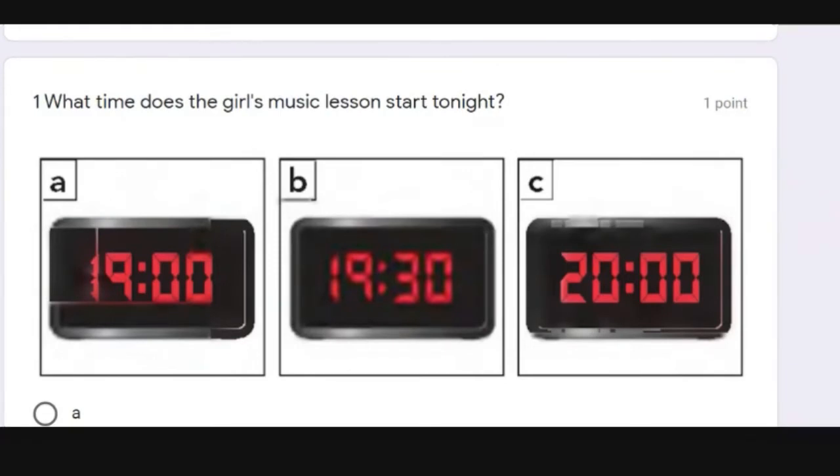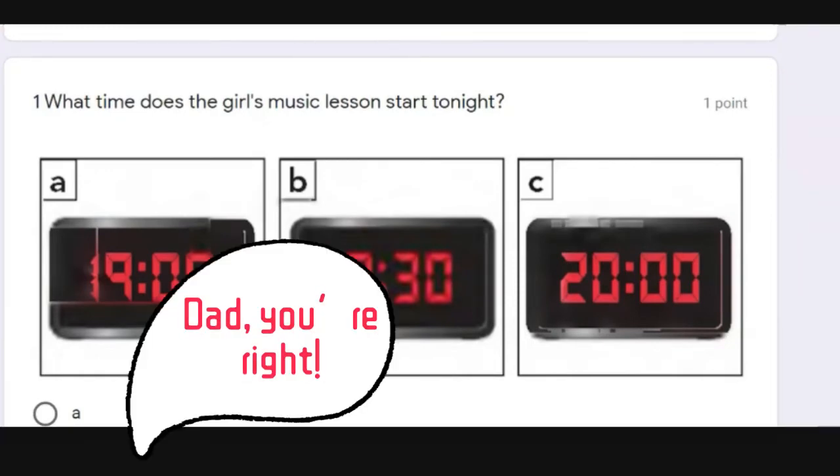Okay, yes. One very important phrase that the girl mentioned, actually it's a girl and her daddy talking. Her daddy says, I thought it was starting at 8 because there's a celebration in the hall at 7 o'clock. Then the girl says, Dad, you are right.